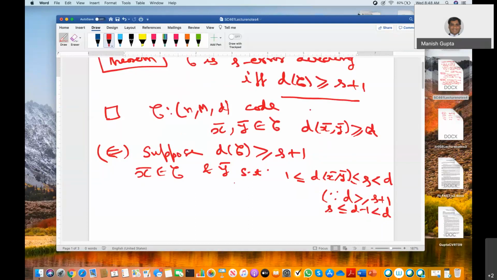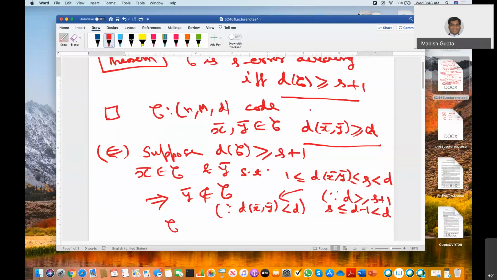So Y cannot belong to C, since the distance between X and Y is less than d, whereas we know that the distance between any two code words has to be at least d. Hence C is S error detecting, right?